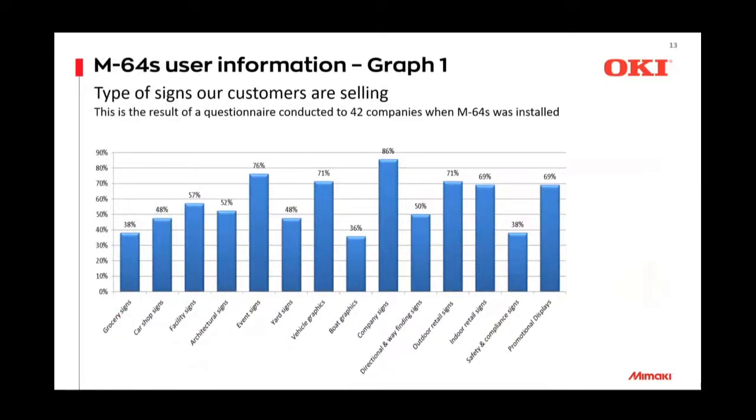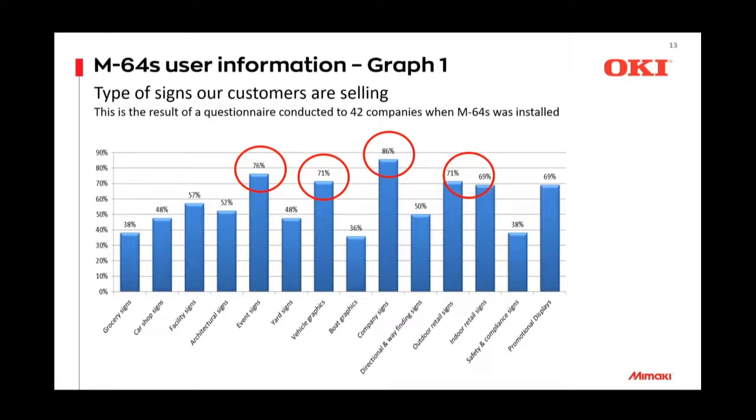All right, so this is a user information graph. What we're showing here is types of signs that our customers are selling. Now, this was a questionnaire from 42 companies, M64s when it was installed. So you can see here that company signs, corporate imagery, backlit displays, is a huge focal point for the ColorPainter. And then we go across to event signs, vehicle graphics, outdoor, indoor retail signs.